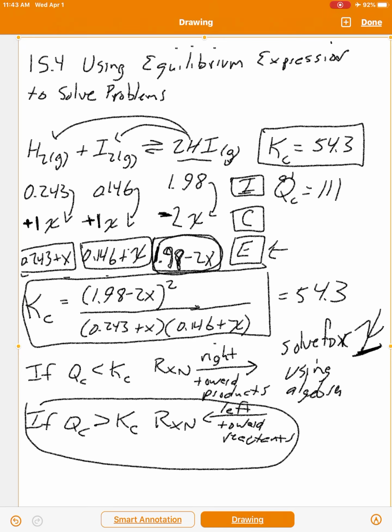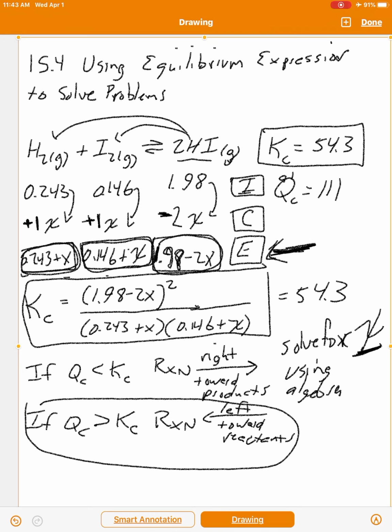We can also find the concentration of I2 at equilibrium just by taking 0.146 and adding it to x, so 0.146 plus 0.01. And we could do the same thing with H2. 0.243 plus x. So we just do 0.243 plus 0.01, whatever x turns out to be. And then that will give us our equilibrium concentrations.